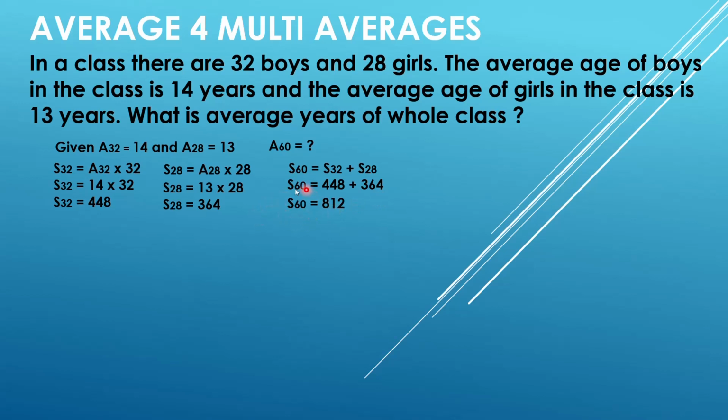Now we have S60 and we don't know A60, but we have the 60 as well, right? So A60 will be S60 divided by 60. So the average should be 13.53, not 27. Just make sure you don't do this addition directly. This will be your average of 60.